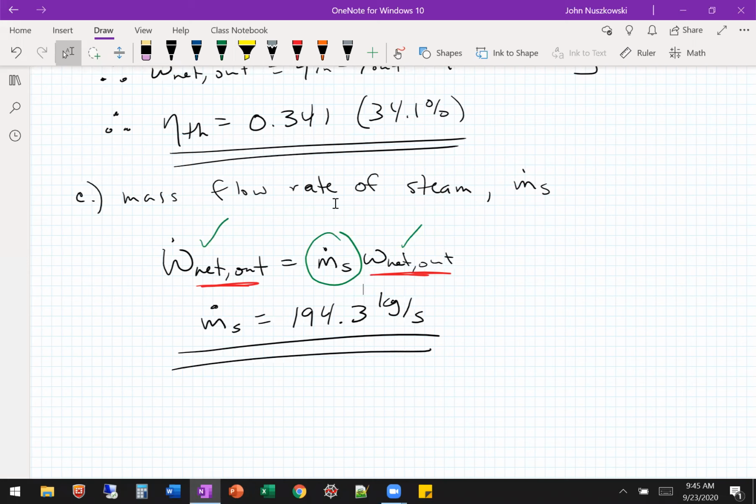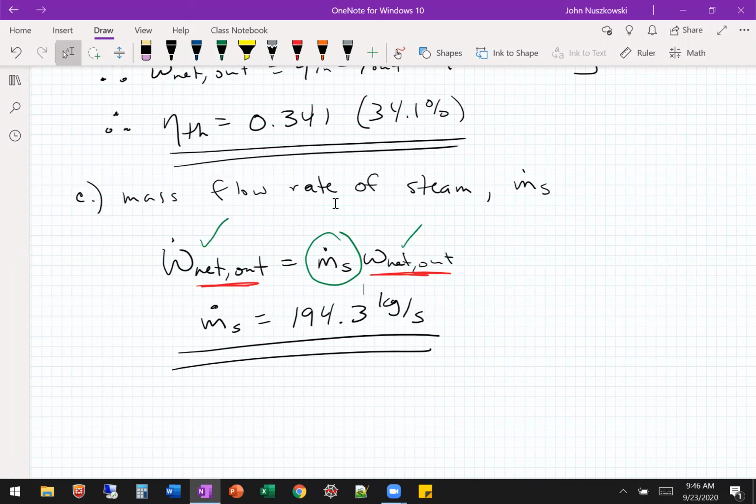Yeah, if we were not given the power output of the power plant, is there any way to find the mass flow rate? No, you need something else. You would need the heat out at the rate at the condenser or something. You can get the thermal efficiency without knowing the scale of the plant.